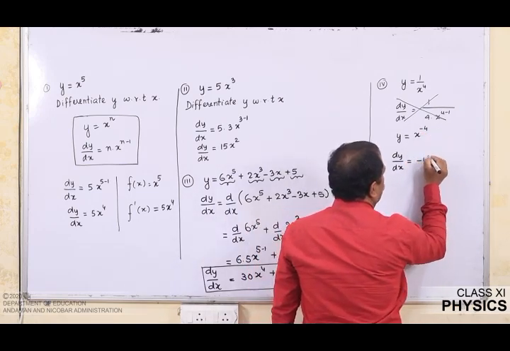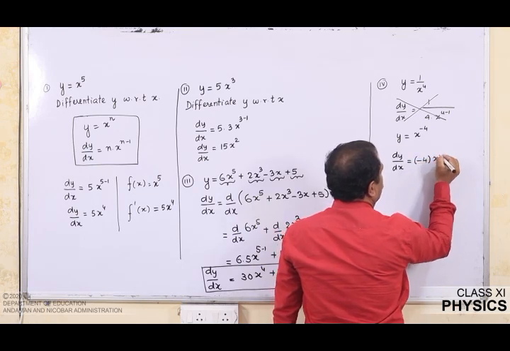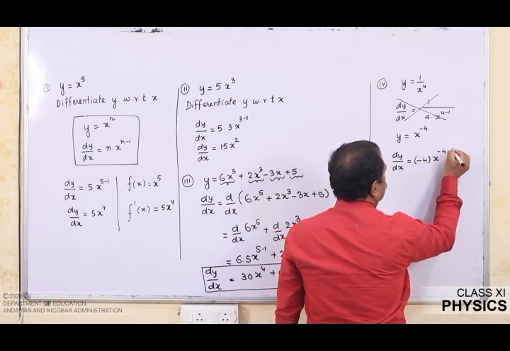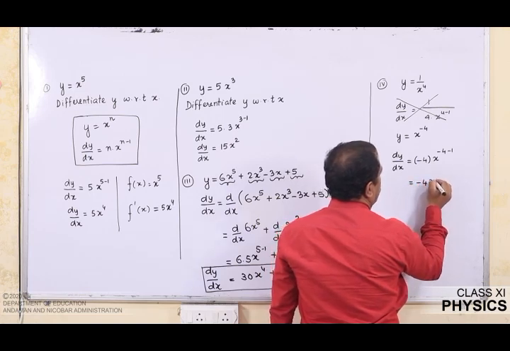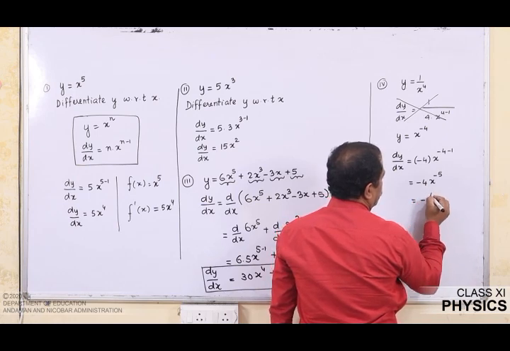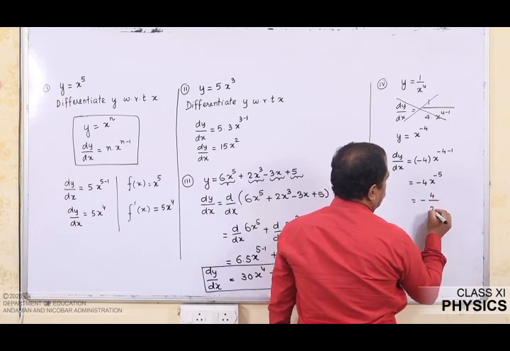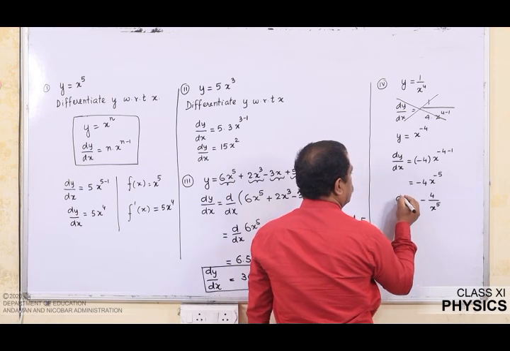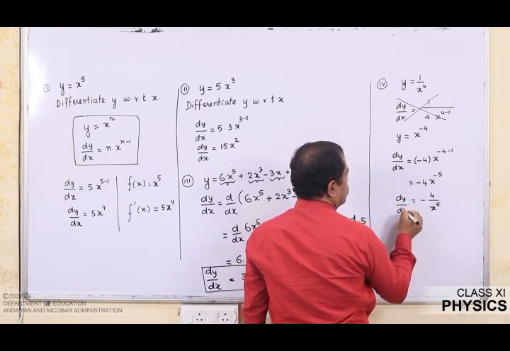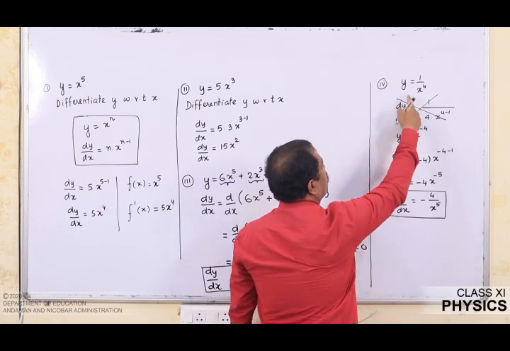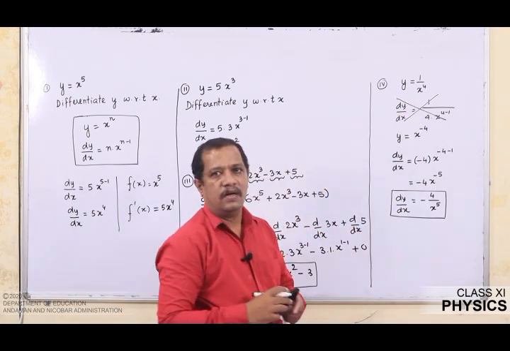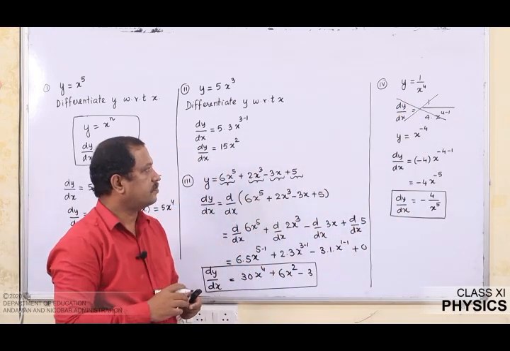So, minus 4 times x power minus 4 minus 1, which is going to be minus 4 times x power minus 5, or this time I am going to have minus 4 over x power 5. So, this is the differentiation of the function y is equal to 1 over x power 4.